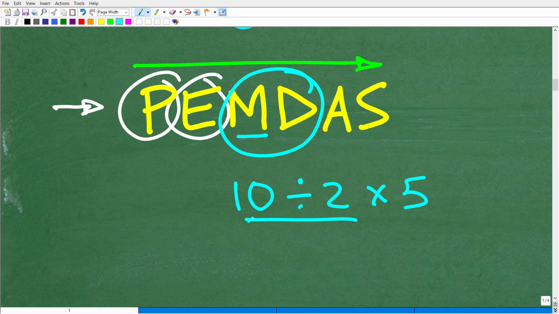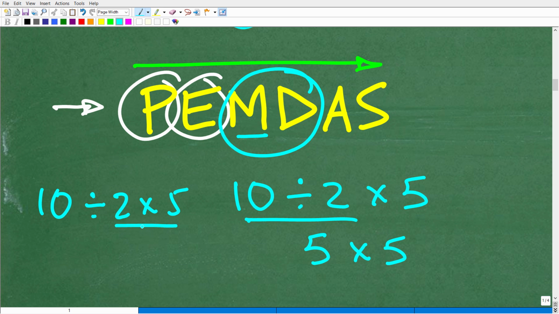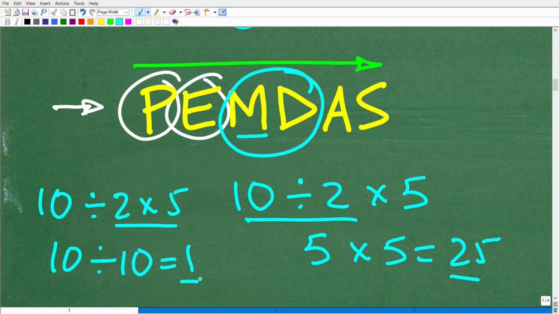So in this case, I would go 10 divided by 2. Now, if I take 10 and divide it by 2, the answer is what? 5 times 5. Now, if I take the same problem and I multiply first, I'm going to have 2 times 5, which is 10, so I'm going to end up with 10 divided by 10, which is 1. Okay, so if you can see here, you're going to end up with two answers. Is the answer 25 or is the answer 1?